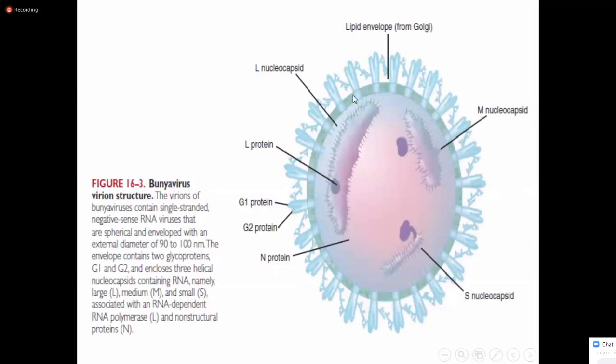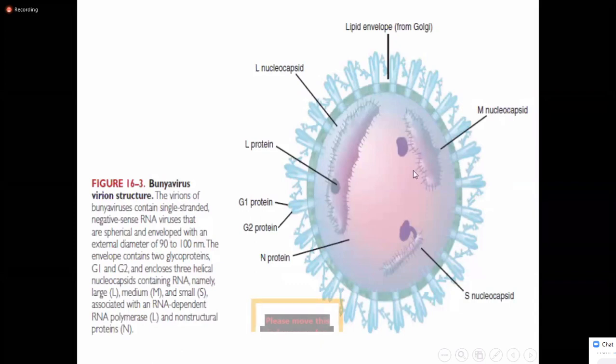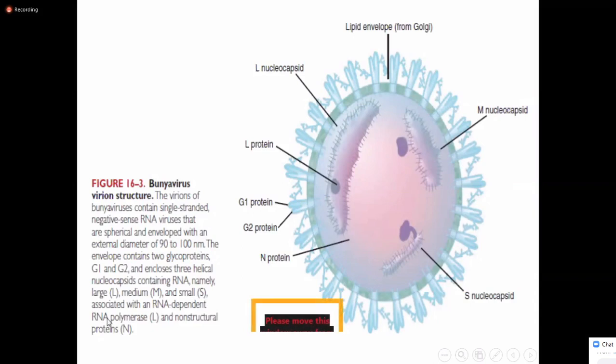Also, this virus has three types of nucleocapsid: small, medium, and large. And this nucleocapsid has enzymes, RNA-dependent RNA polymerase, which is called L protein. So you have to differentiate between L protein and L in the nucleocapsid. It's a bit confusing. L protein means the polymerase, which is RNA-dependent RNA polymerase.